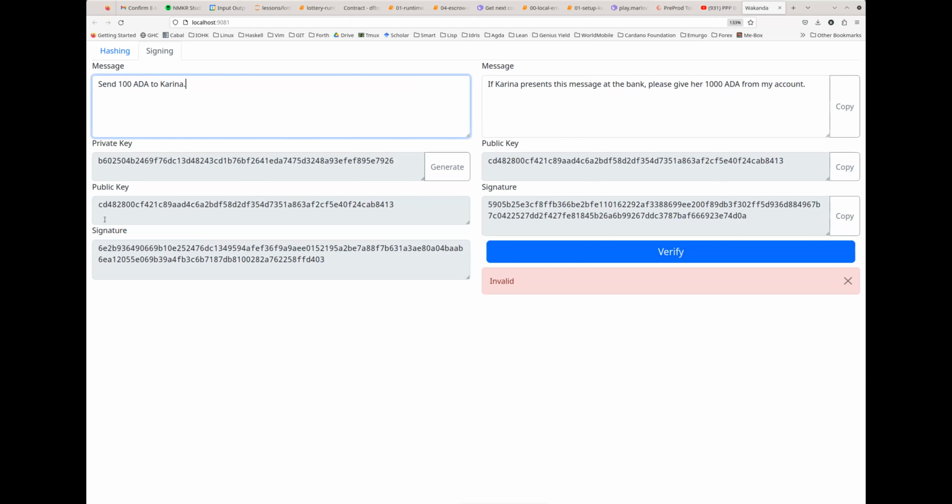And my signature would be attached. My public key is sort of my address on the blockchain. This is what identifies me, but I keep my private key private. If I want to send money to somebody, I sign this transaction with my private key. Then everybody else can verify that I actually created this transaction, because they can just check my signature.